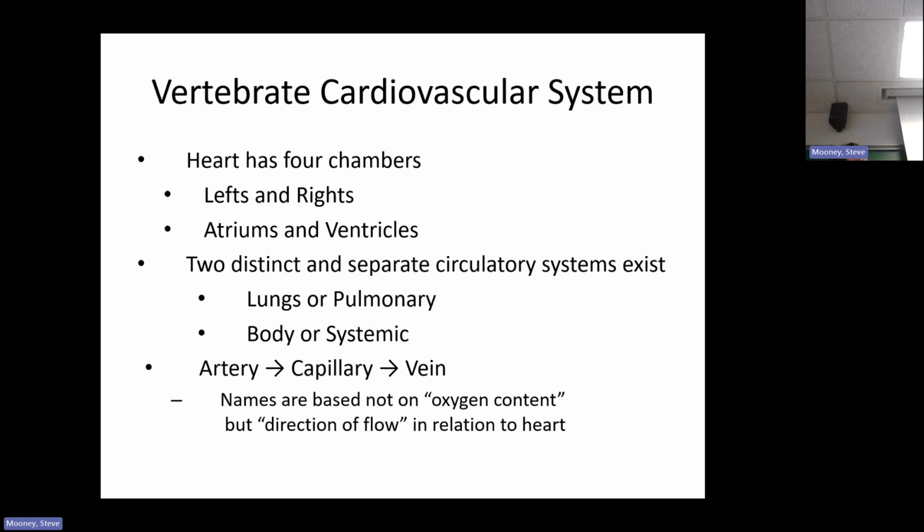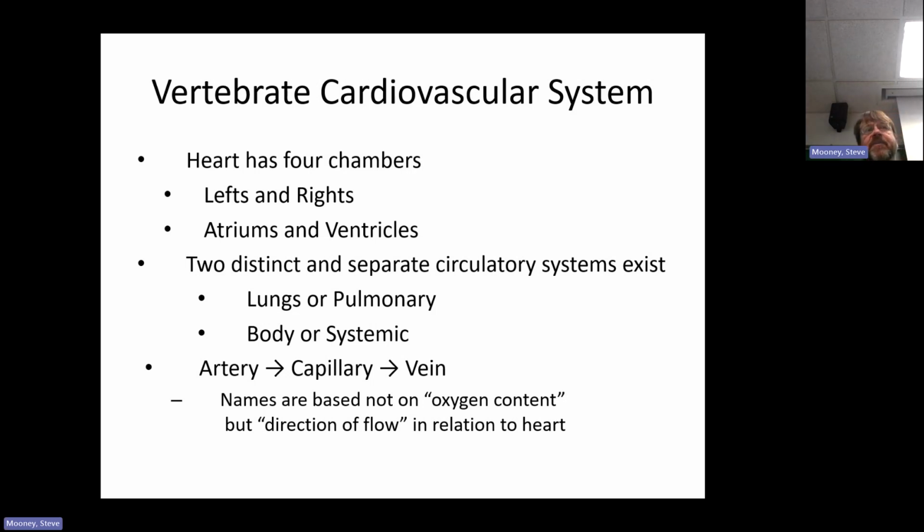So 2 distinct circulatory systems exist. When we're thinking about the cardiovascular system, we generally go from artery to capillary bed to vein. And when we're thinking about arteries, we're not thinking about oxygen content.